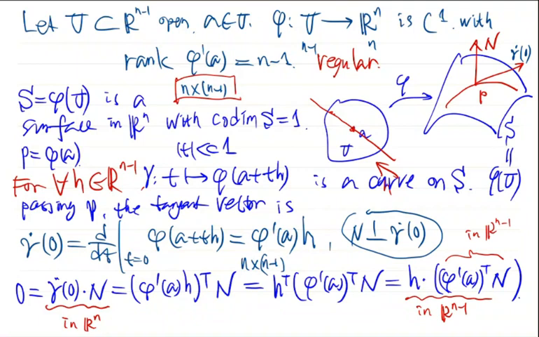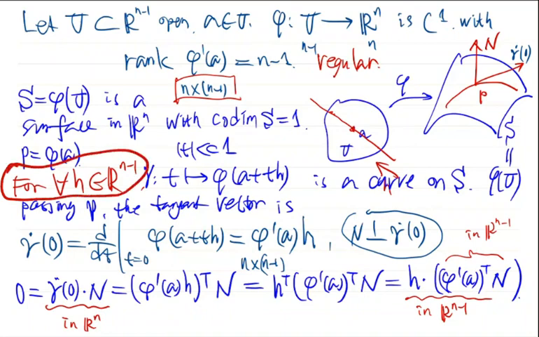Therefore, the inner product here is in (n-1)-dimensional space. So this result implies what? Because our h is arbitrary. Remember, our h is taken arbitrarily here. For any h, this computation is valid.